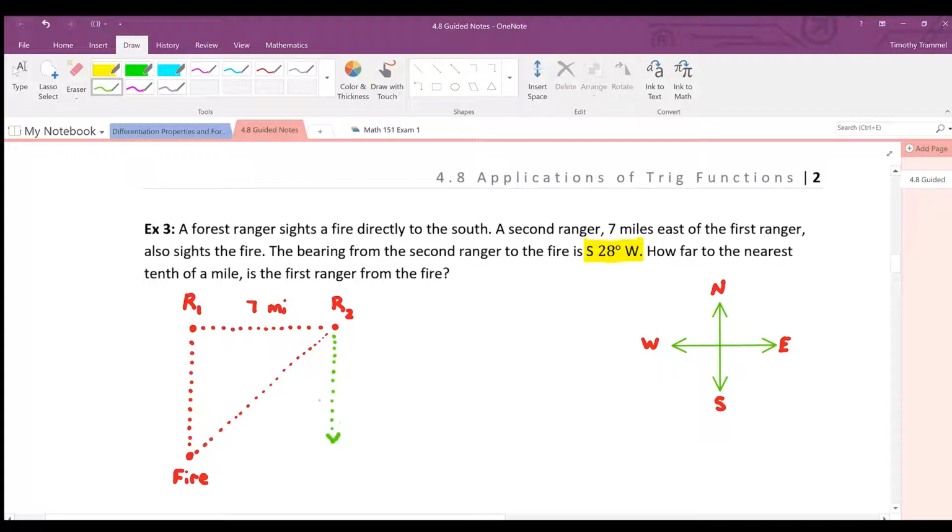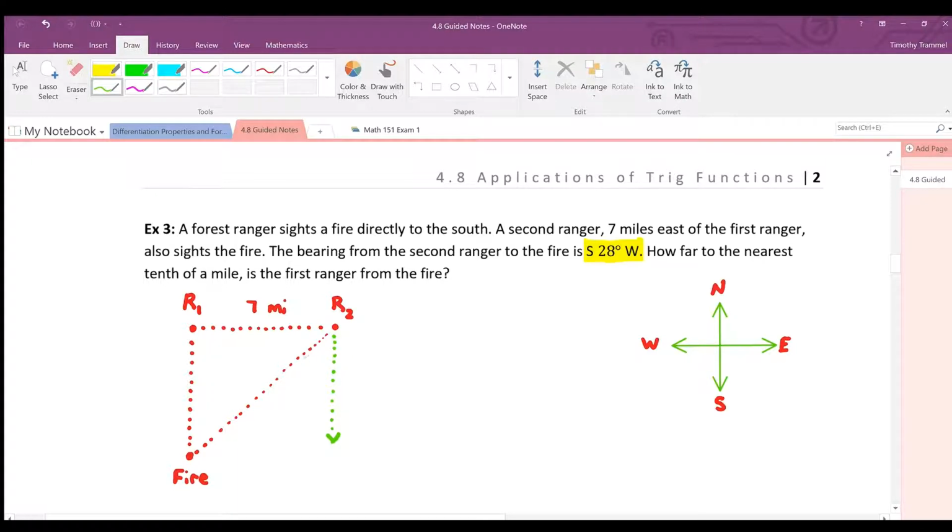So the common mistake would be to put the 28 degrees in here. It's just naturally where we want to put it. But again, remember, we're supposed to measure bearing off the north-south line. Okay, so here's our south line, and we're supposed to go 28 degrees towards the west.